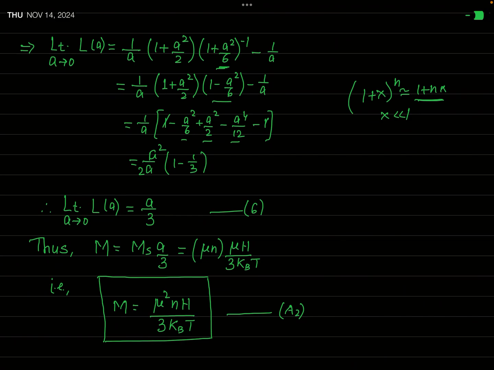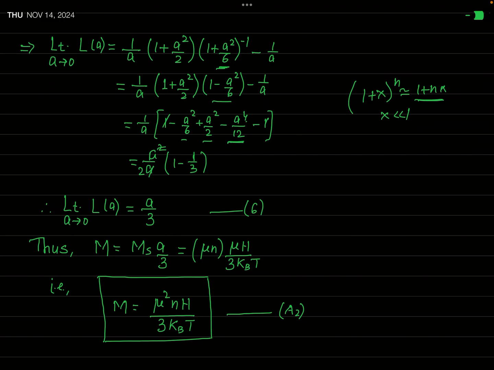Now A is very small, it is tending towards 0, so this A to the power 4 term will be negligibly small. So let us neglect the term A to the power 4 divided by 12. And after neglecting it, you can see we will take this A square by 2 as a common factor, and this will be equal to A square by 2A times 1 minus 1 over 3.